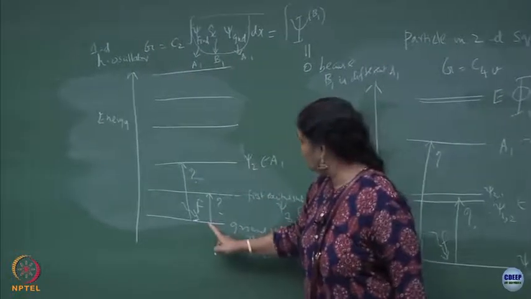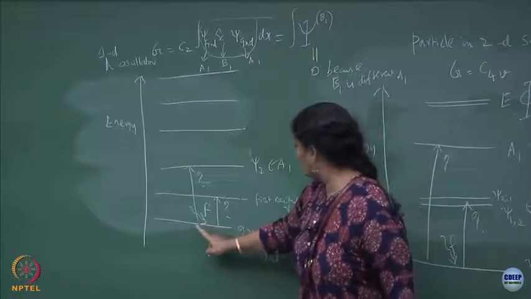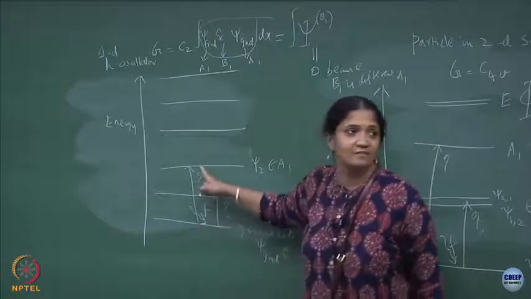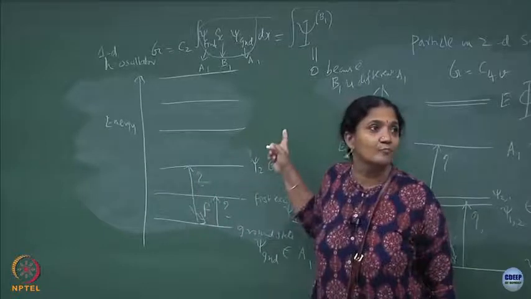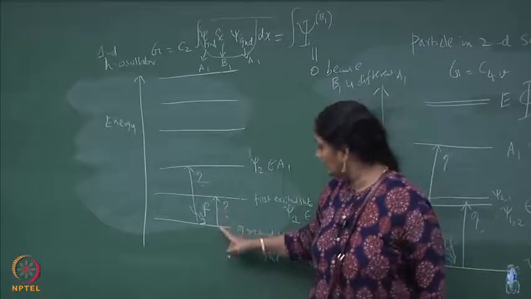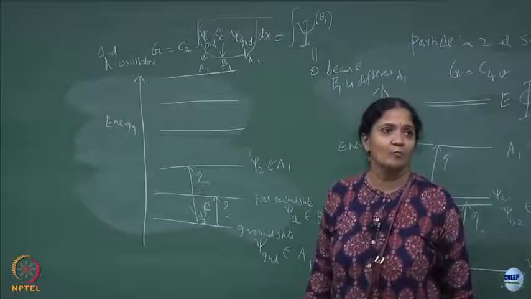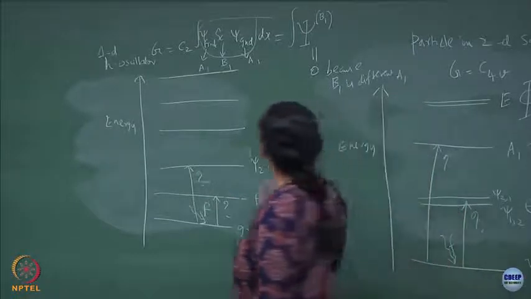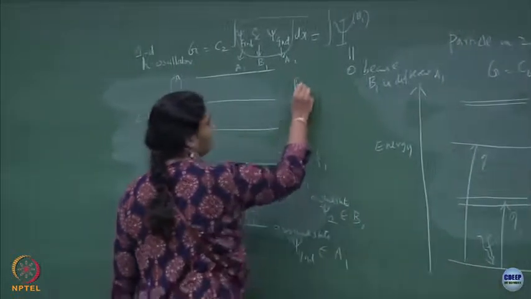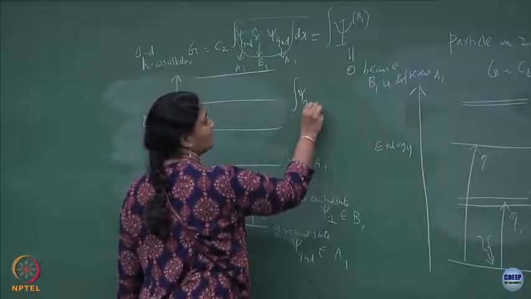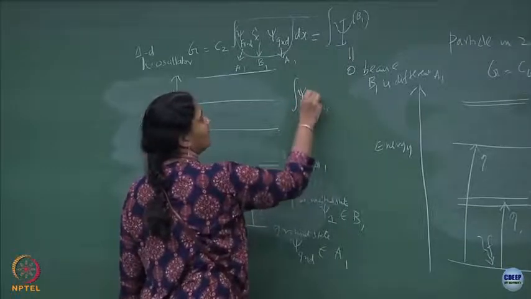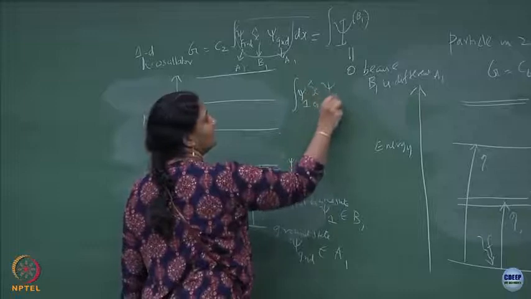Let us do, for the sake of doing this, instead of doing this, we did this for ground state to this excited state, that is 0. What about this one to this one? Can you check what happens there? Suppose I take first excited state, X operator, psi ground.